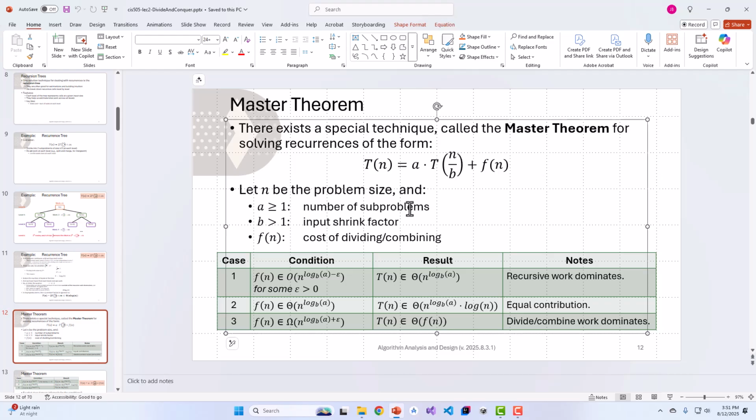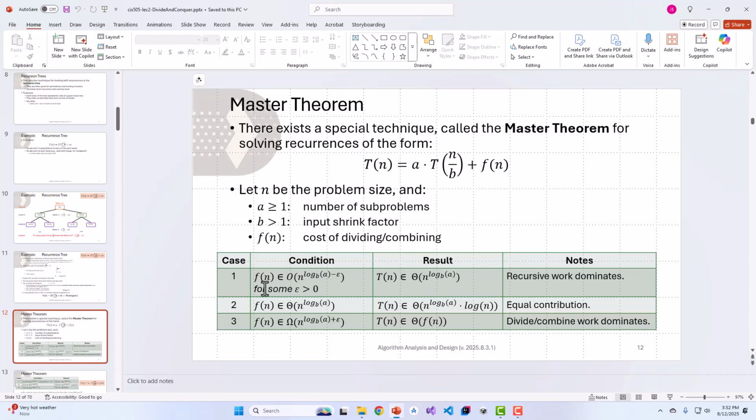This gives you an idea relatively of which one dominates. In other words, does the non-recursive work dominate, or does the recursive work dominate? And then that can tell you what the actual big theta is.